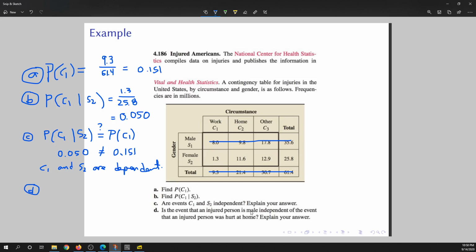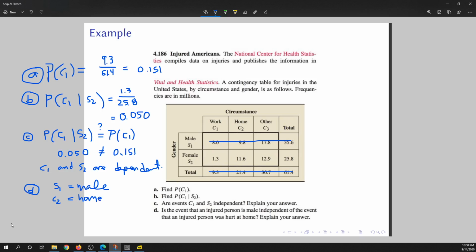S1 is male, that the person is male. Home is C2, the injury occurred at home. They want to know if these things are independent.